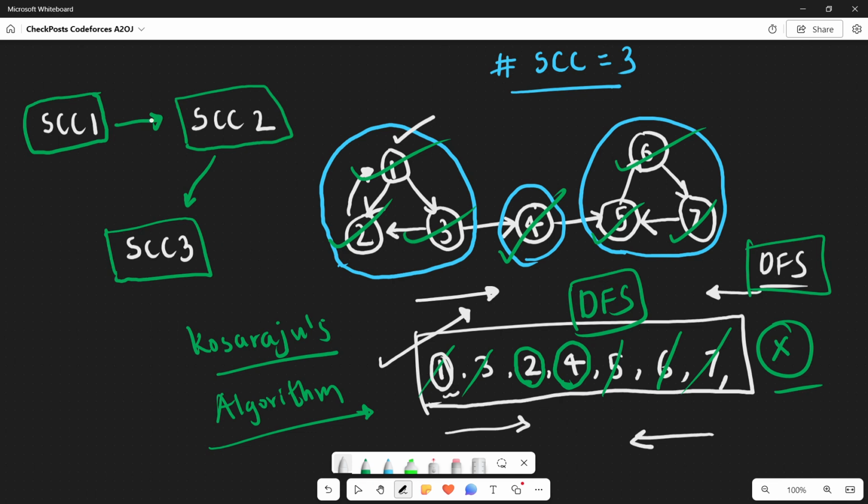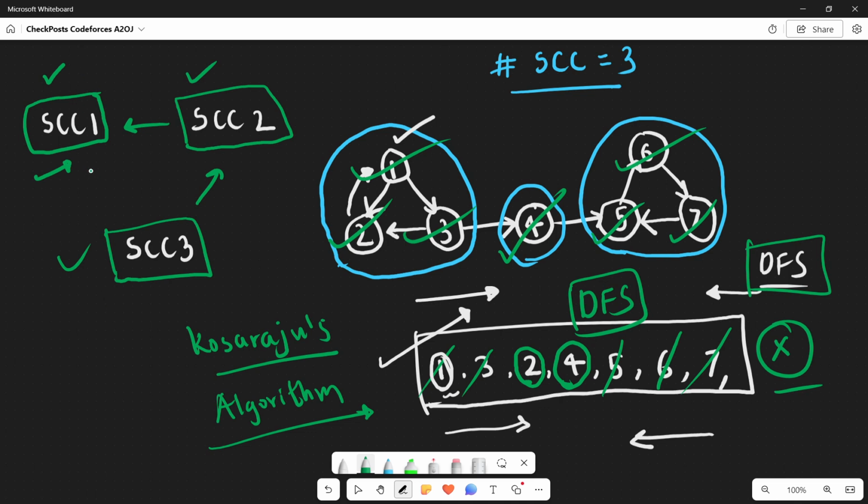So the basic idea is that here are your strongly connected components, and when you apply DFS on the node which is in the strongly connected component 1, it will traverse all the edges, but when you reverse the edges, it won't be traveling to the other strongly connected components anymore. Are you getting my point?